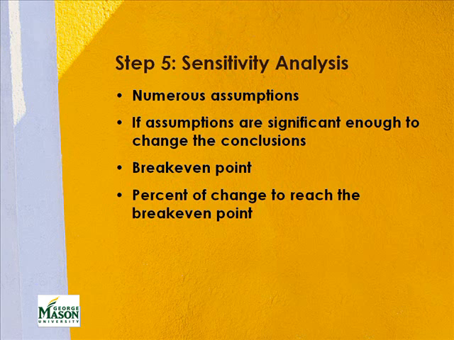For each parameter in the decision tree, a break-even point is found. The parameter is changed until the conclusion is reversed. The percentage of change to reach the break-even point is reported. In addition, where alternative estimates are available, the other estimates are used to see if conclusions change.